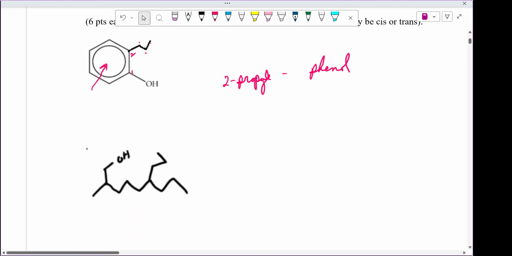If you have a question, just talk up, okay? All right, identify the backbone first. The backbone has to include the functional group.